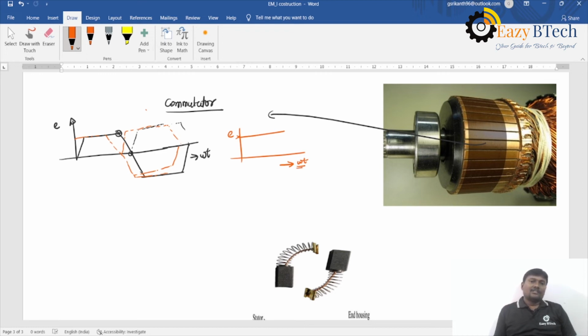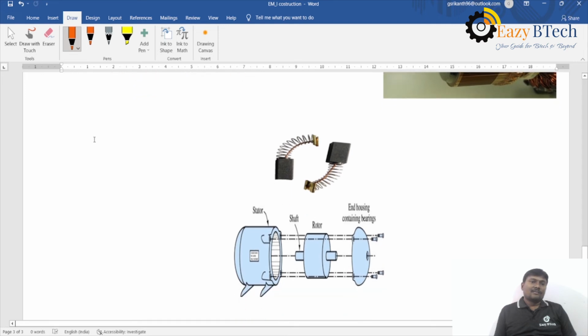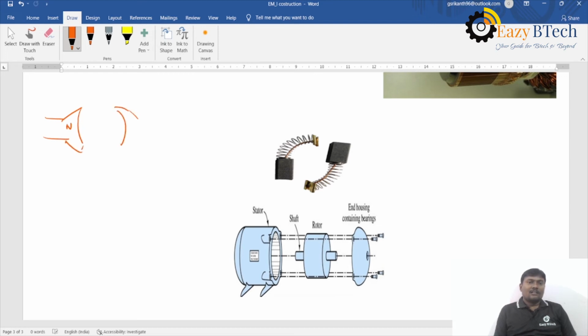So let us check the commutator operation. I am taking a two pole machine, with a north pole and a south pole, and a simple loop generator.